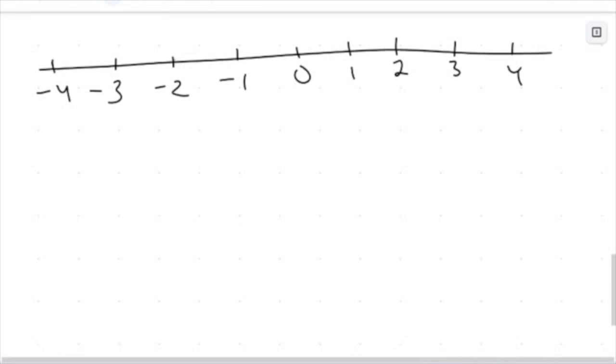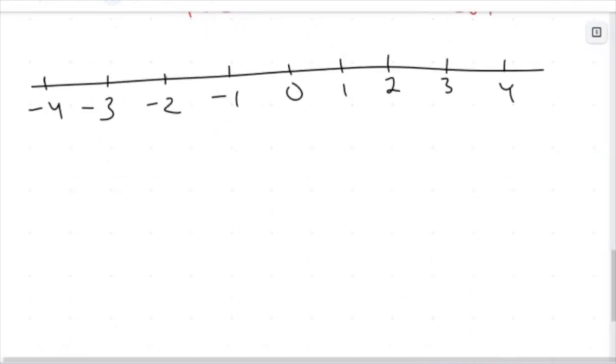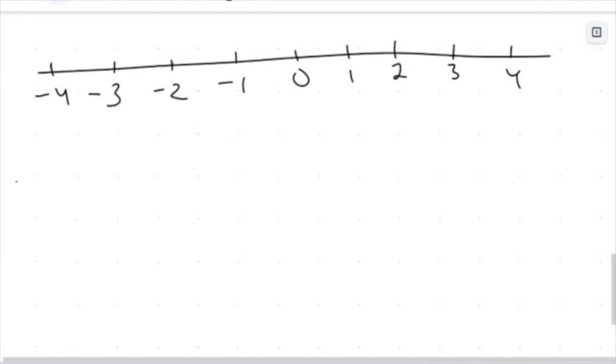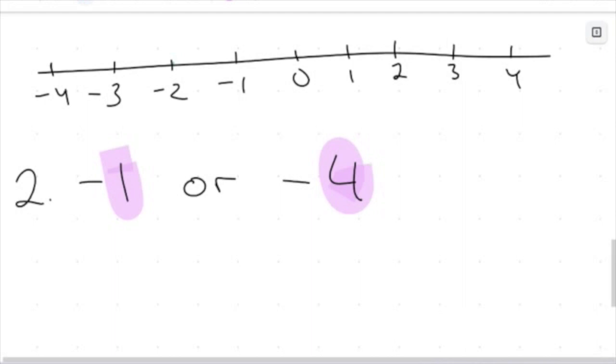So here I want to see, and this is going to be a slightly trickier question, question 2, which number's bigger. So -1 or -4. When you see something like this, you're going to be tempted to go, all right, well, 4 is a bigger number than 1 because its magnitude's bigger.